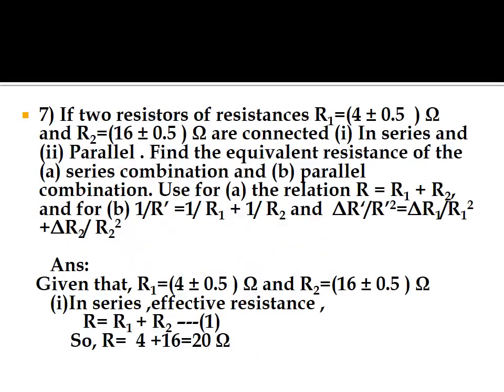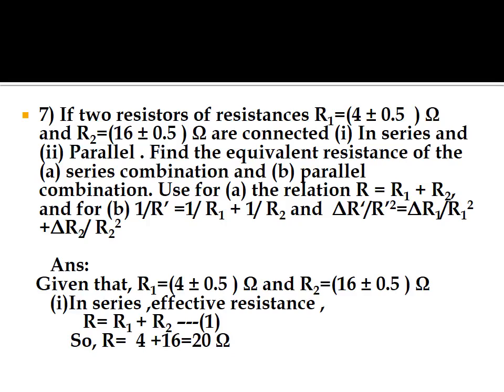And the last question is, if two resistors of resistances R1 is equal to 4 plus or minus 0.5 ohm and R2 is equal to 16 plus or minus 0.5 ohm are connected, first one in series and second one in parallel, find the equivalent resistance of A, the series combination, and B, the parallel combination.